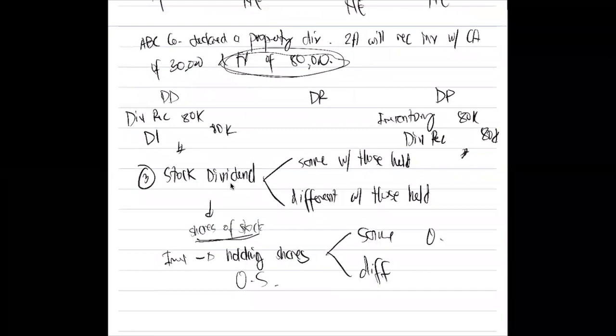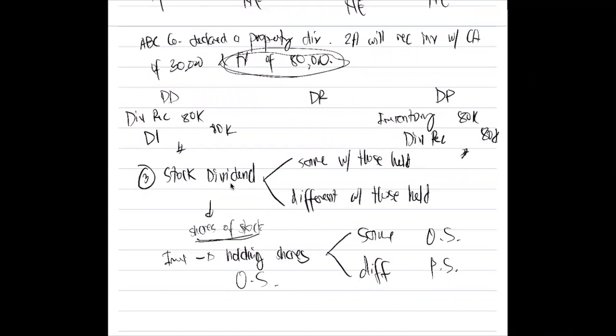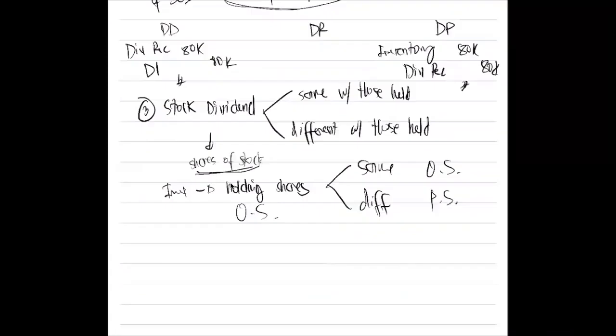If you will receive the same ordinary shares, no problem. But if you receive a different type of share, let's say a preference share instead of your ordinary share, that is a different type of stock dividend. So we need to know how to account for this stock dividend in case it is the same with those held or different with those held.